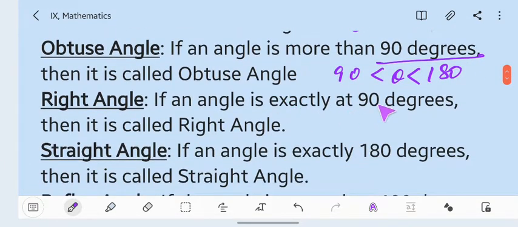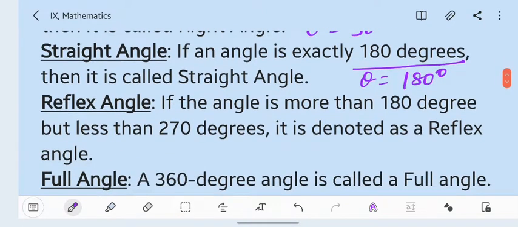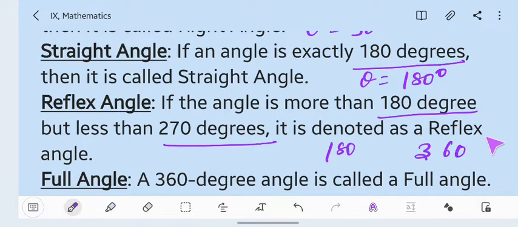Right angle: if an angle is exactly 90 degrees, it is called a right angle, so theta equals 90 degrees. A straight angle: if an angle is exactly 180 degrees, theta equals 180 degrees. Going next, we have reflex angle, more than 180, less than 270 degrees, the 180 to 270 range, or we can say 180 to 360.